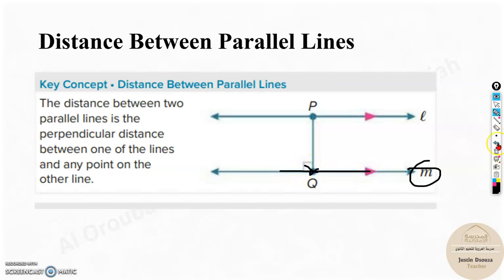Using any point, you can find a perpendicular line. Then you need to find the intersecting point with the other line and then find the distance between these two points. Anyway, it sounds hard, it sounds confusing to be honest. We will do a problem, you'll understand how to do it.